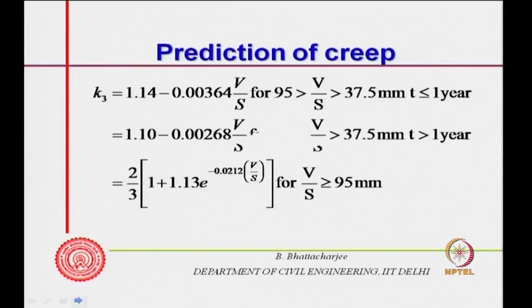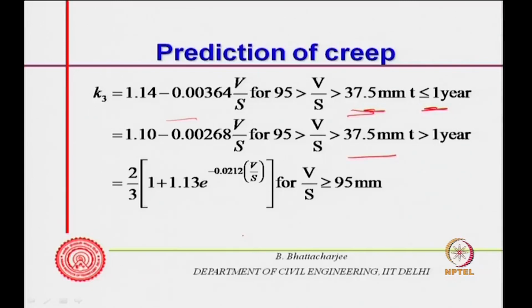Then we have K3, which we said was related to V by S; K2 was related to relative humidity. Values of K3 were given, and in some cases it is related to the period of creep also, given by this kind of formula.